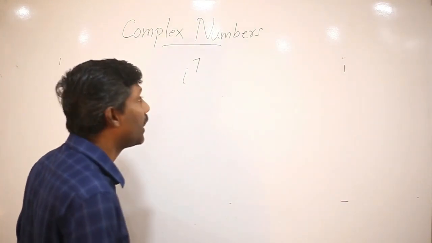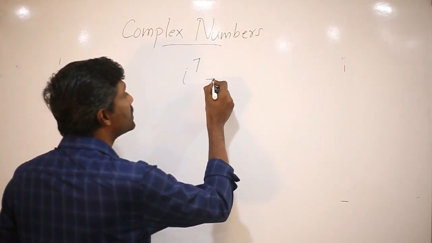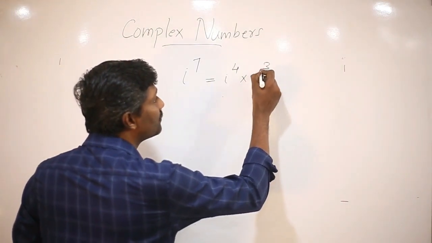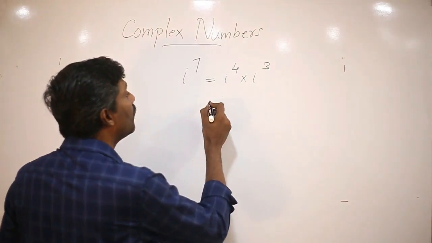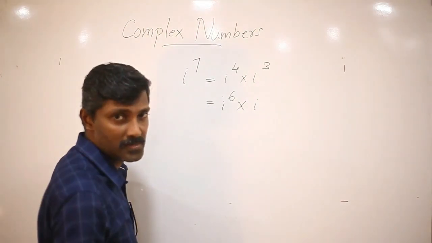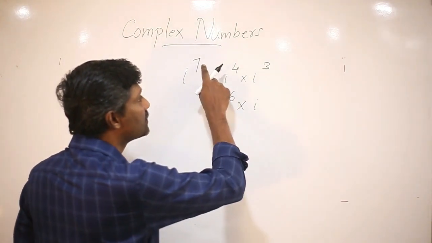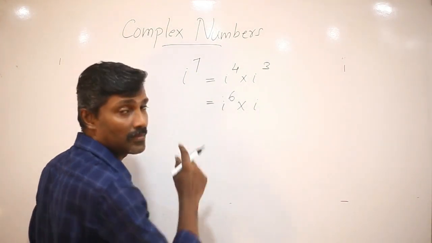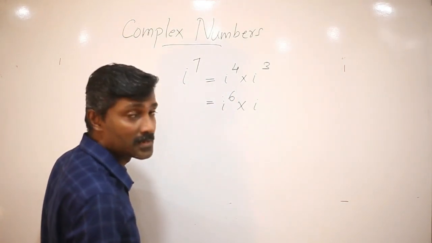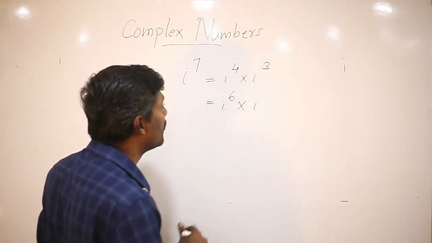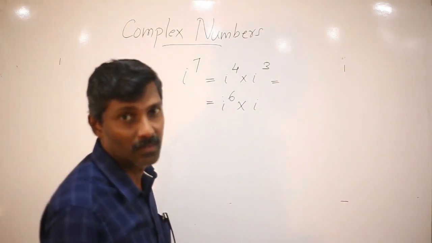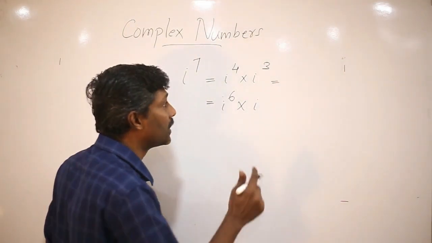Okay, I'll help you. i raised to 7, we can write as either i raised to 4 into i raised to 3, or as i raised to 6 into i, because we just add the powers. 4 plus 3 gives 7, 6 plus 1 gives 7. So these are possible methods to find the value of i raised to 7. Now just tell me the value of i raised to 4. I told you that i raised to 4 is 1. Remember that always.